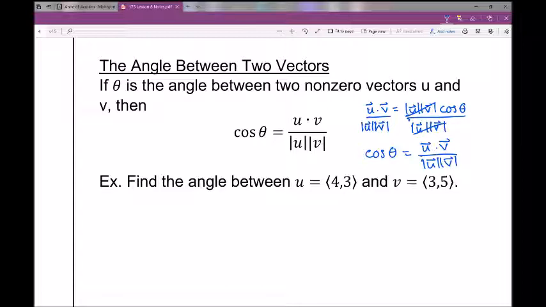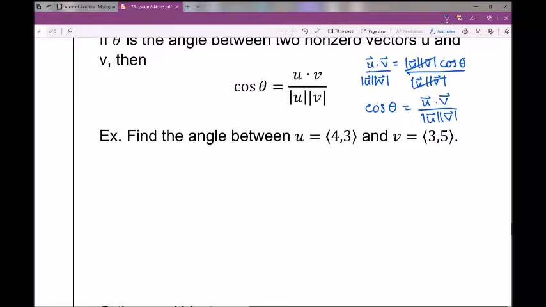So let's practice by finding the angle between u equal to 4, 3 and v equal to 3, 5. Let's start with our formula. We have the cosine of theta is equal to u dot v over the magnitude of u times the magnitude of v.